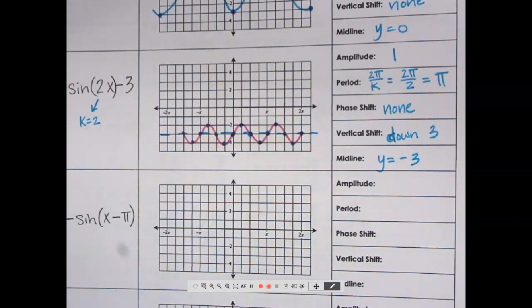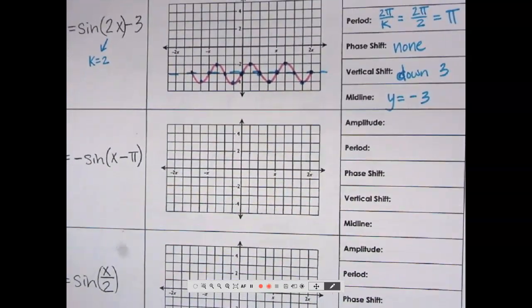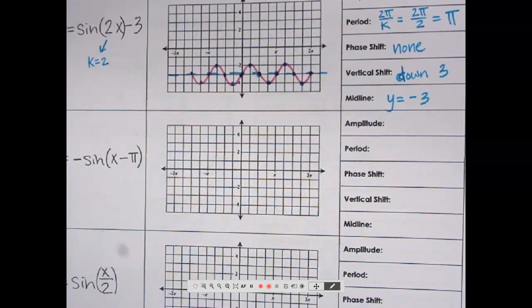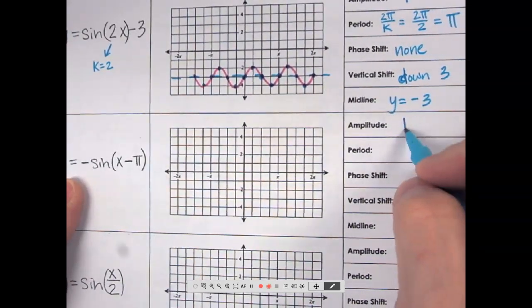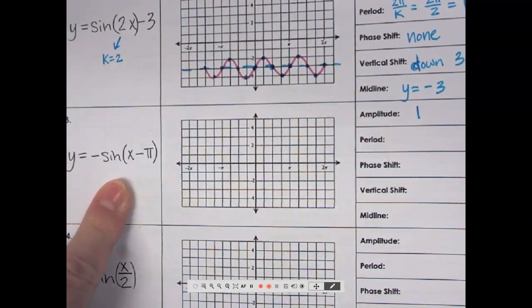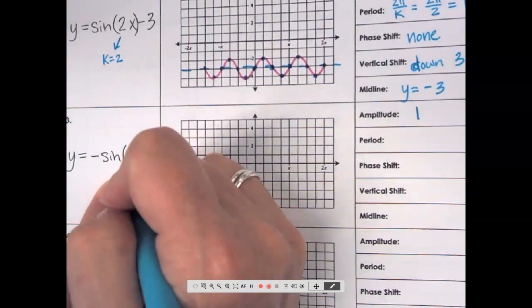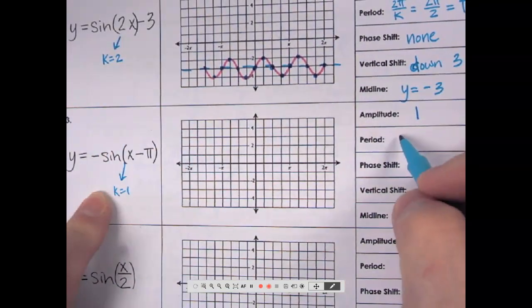Let's do this next one. What's the amplitude? 1. Despite the fact that there's a negative out front, amplitude is just 1. What's the period? 2 pi, because there is a 1 there. K is just 1. So 2 pi over 1 is 2 pi.